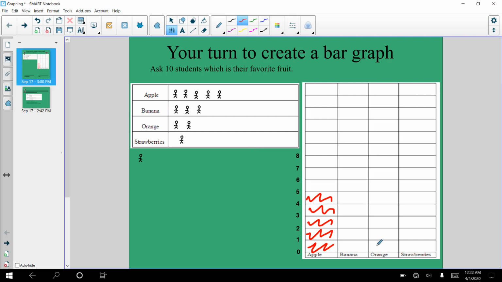I have 3 students who like bananas. I want to color 3 squares. 1, 2, and 3. What about orange? Orange, I have to color 2 because I have 2 students who like orange. So color 2. And strawberries only 1. So my bar graph is done now.